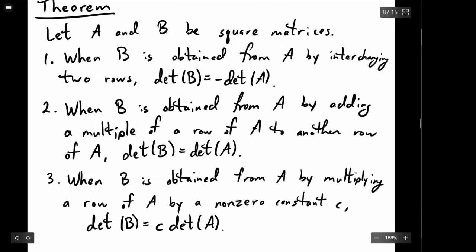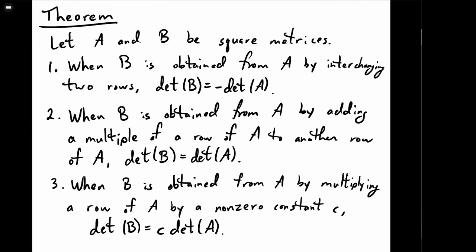So this theorem here can be very useful for computing determinants of matrices. Because what it's saying is that if we start with a matrix that looks big and complicated, but we perform row operations on it first to turn it into a simpler matrix, we now are able to compute the determinant of a much easier matrix.